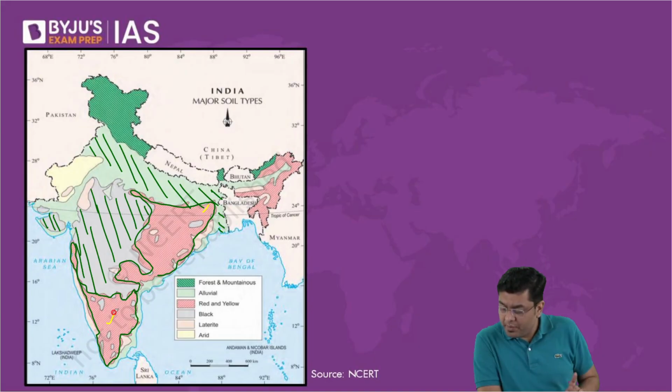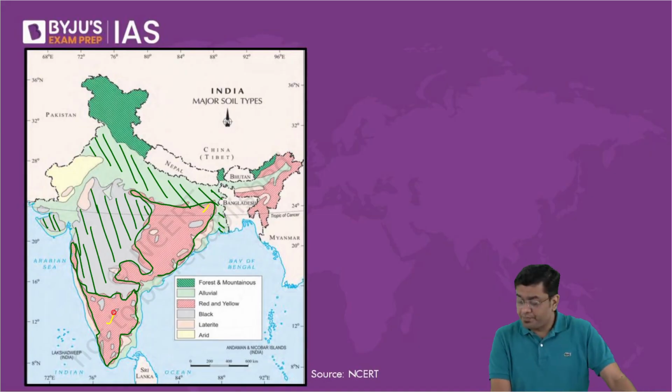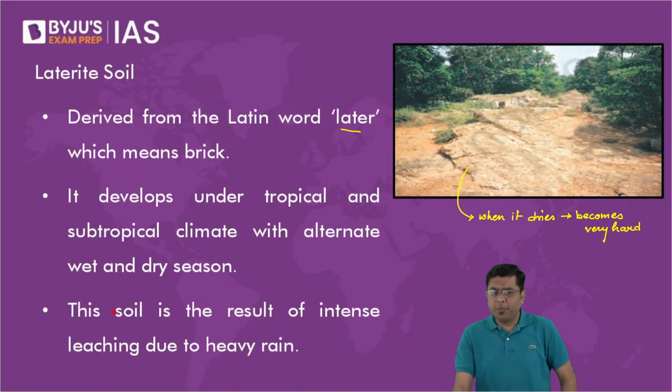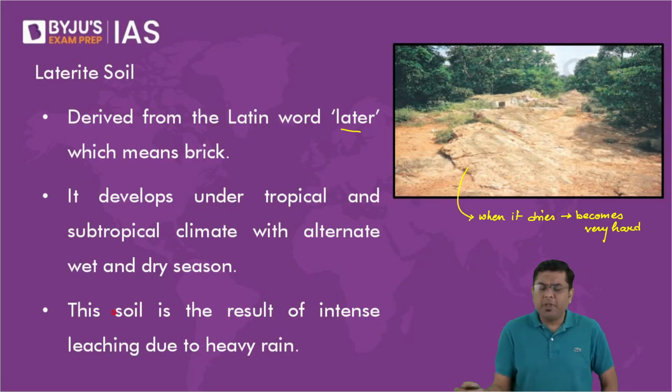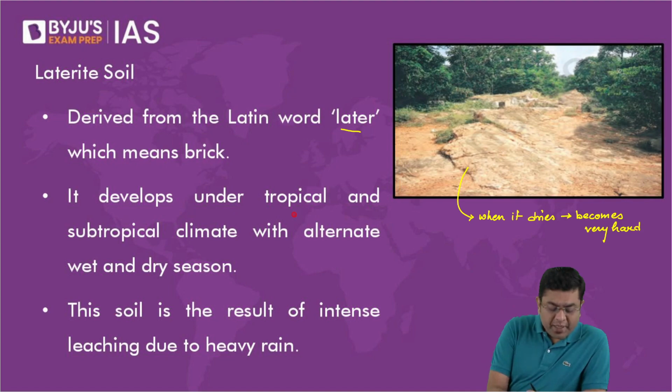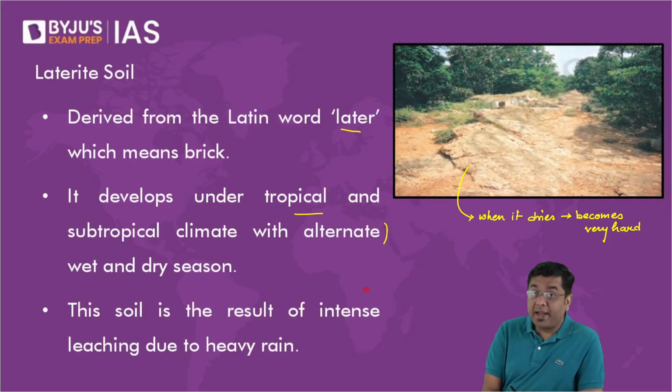Okay, good. Now, then here, why it becomes very hard, why it becomes so, it is one of the most infertile soil out there. It develops under tropical and subtropical climate with alternate wet and dry season. There has to be an alternate wet and dry season in existence. That is the creation of the laterite soil.